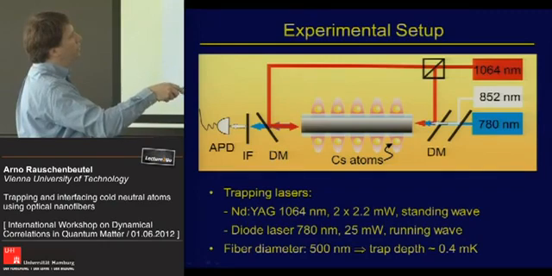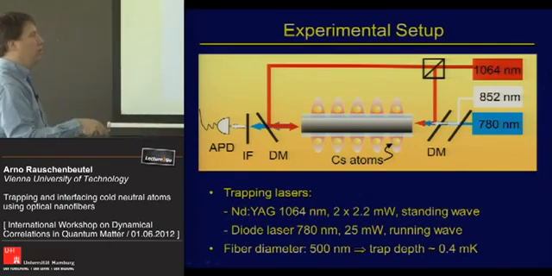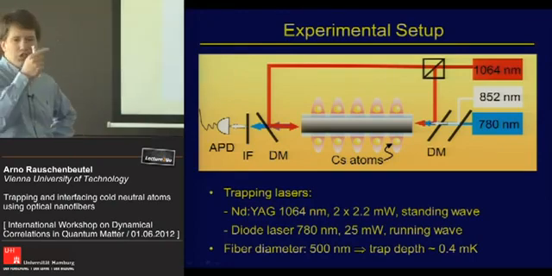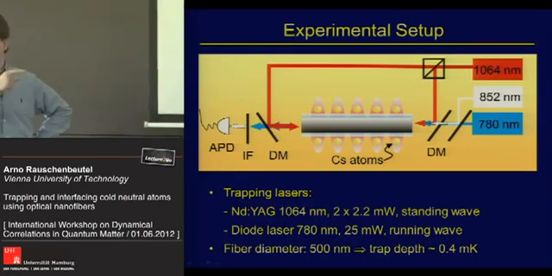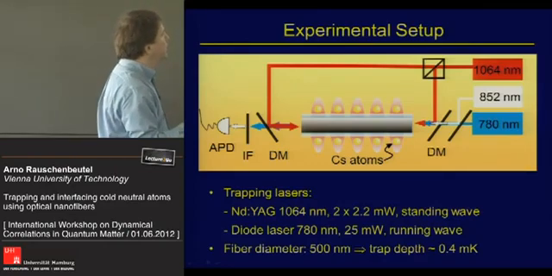And for the blue repulsive light, we use a diode laser at 780 nanometers with a power of about 25 milliwatts. With these parameters, we realize a trap depth of about 400 microkelvin, which is just the potential trace I showed in the plot in the beginning. So these are the experimental parameters that you need to realize it.